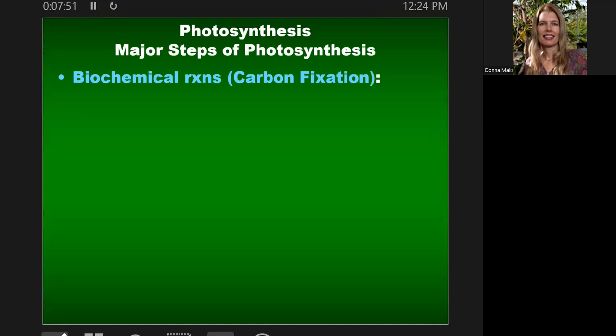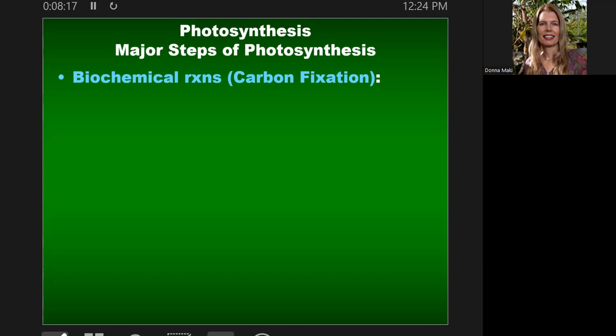Now the situation is set where if they have enough of that NADPH and ATP, they can start kicking into the biochemical reactions. Really, to be more specific, I think carbon fixation is a better way to describe it, because carbon fixation means you're taking in CO2 and fixing it, or changing it, into a sugar.